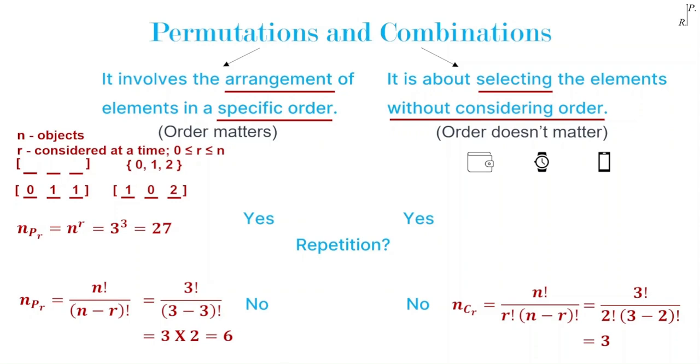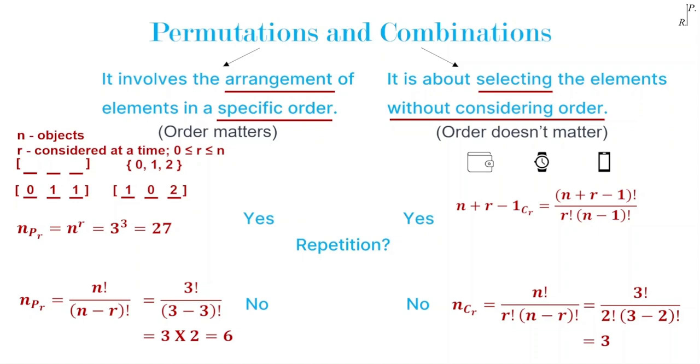withdrawal. So now this is the scenario where you are replacing the item, or we can say that repetitions are possible. In that case, the number of ways in which we can withdraw items with repetition will be (n plus r minus 1) C r, or we can write this as (n plus r minus 1) factorial upon r factorial multiplied by (n minus 1) factorial.